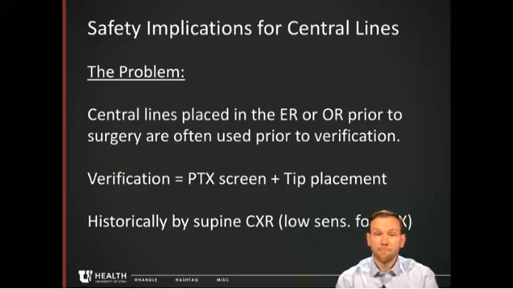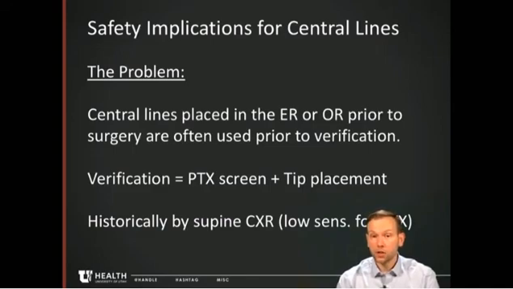Certainly in most of the institutions I've worked that have trauma centers, central lines placed in the ER or in the OR prior to surgery are often used without verification.